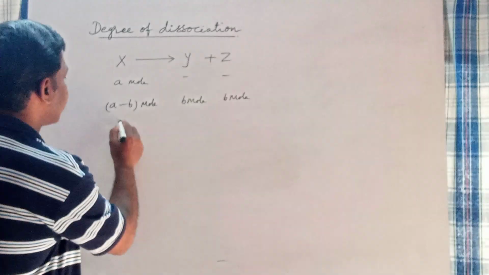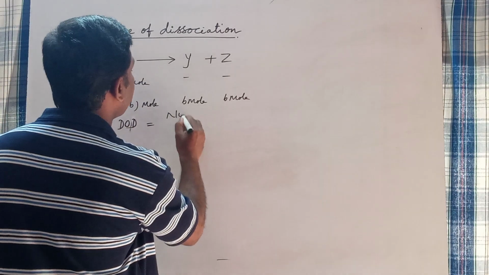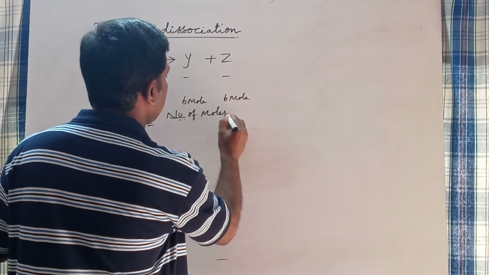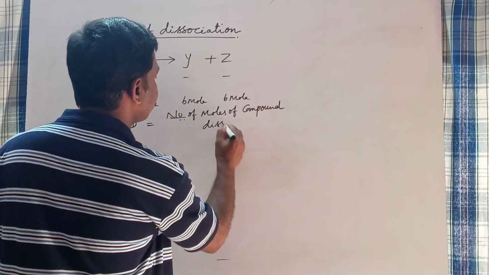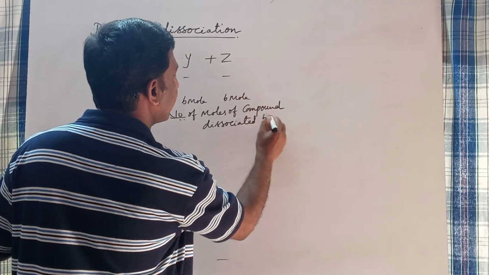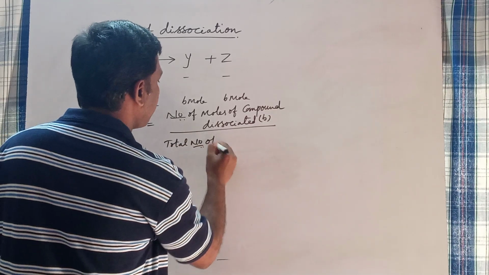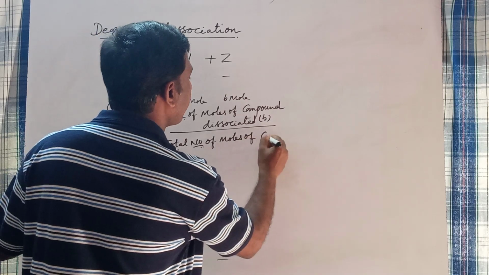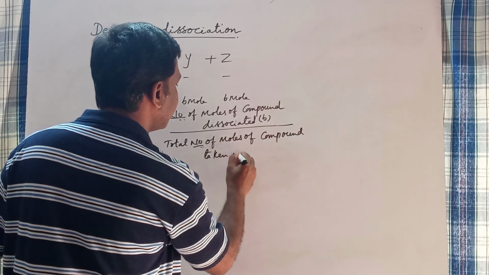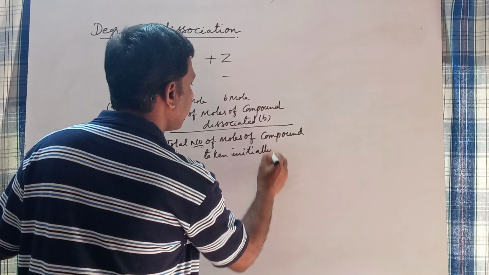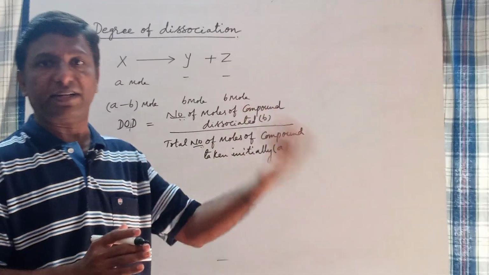So, degree of dissociation is equal to number of moles of compound dissociated, that is B moles, by total number of moles of compound taken initially, that is A. Now this ratio is called degree of dissociation or extent of dissociation.